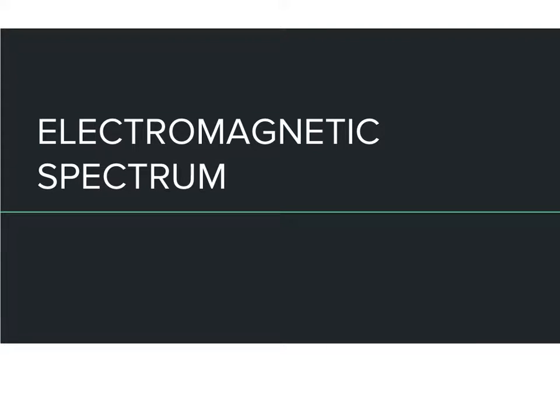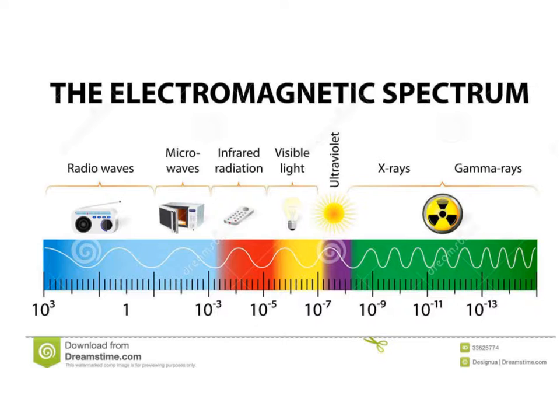All right, in this lesson today we're going to look at the electromagnetic spectrum. The electromagnetic spectrum shows us all of the radiation that is produced when we see visible light.